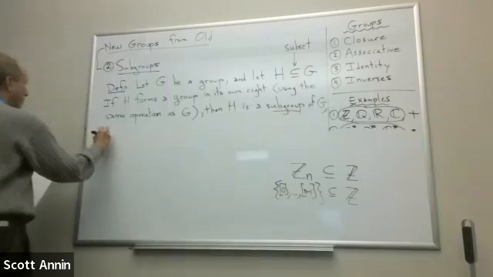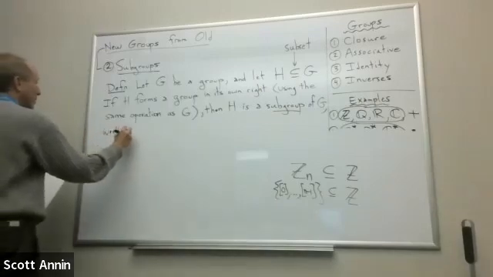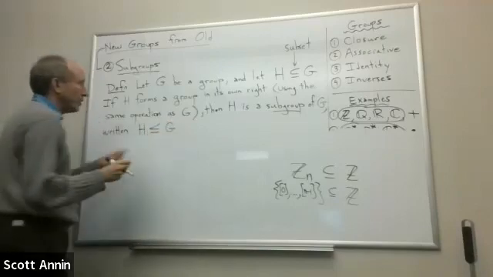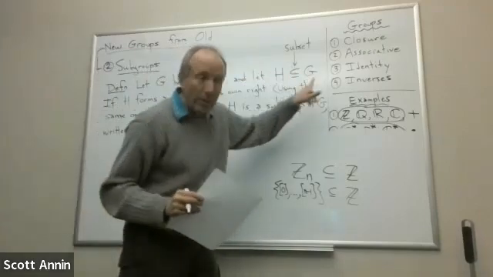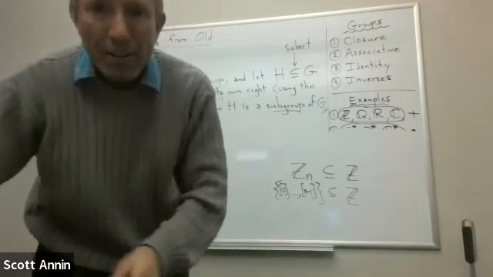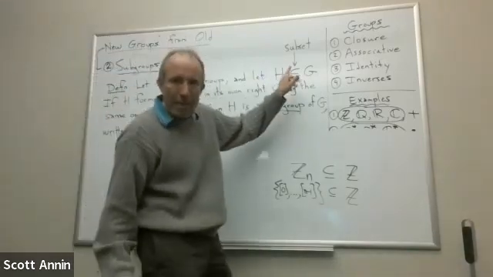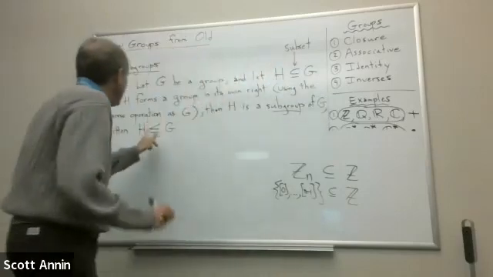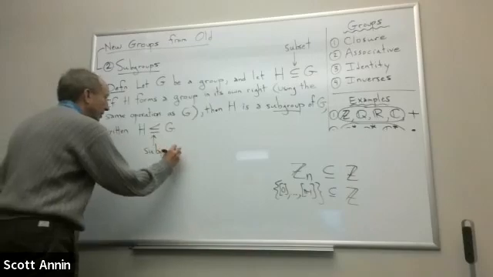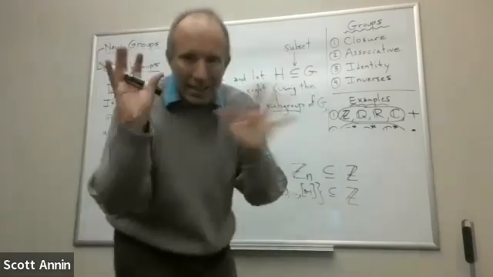And this is often written with a less than or equal to symbol as opposed to just a subset symbol. In my experience with teaching this class, I find that sometimes people are a little sloppy between subsets and subgroups, right? And of course, the symbol is very similar, but we need to be very clear about the difference.